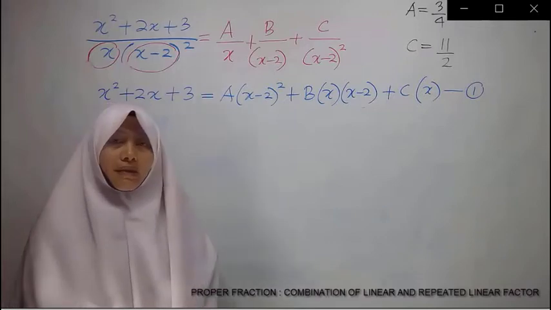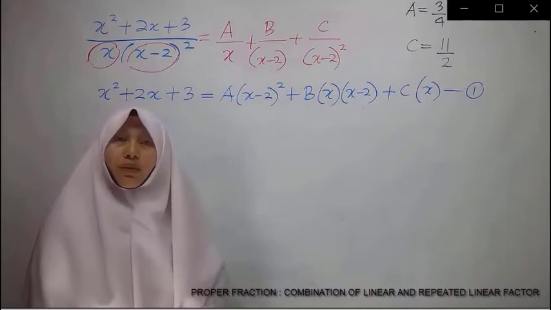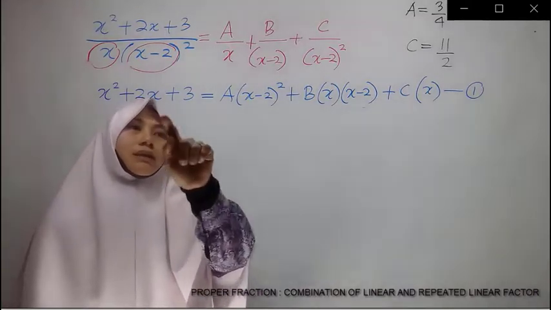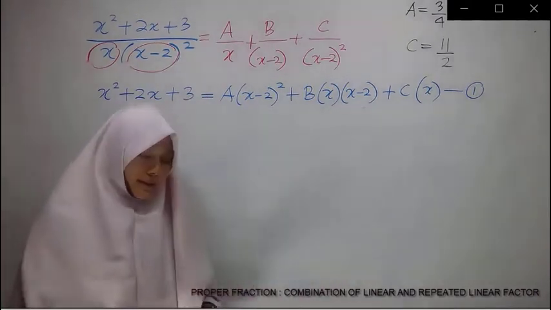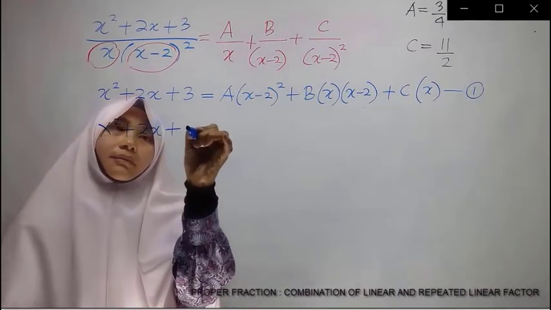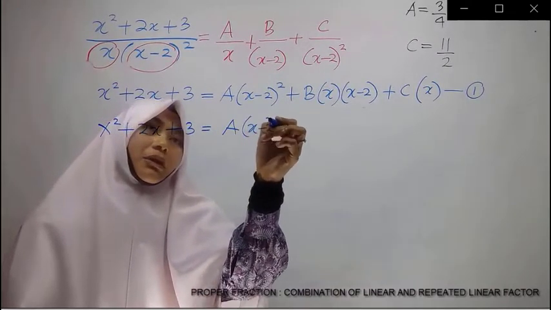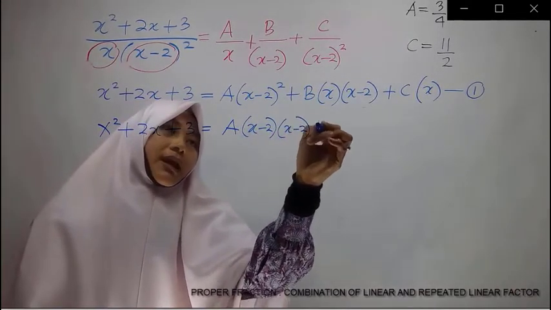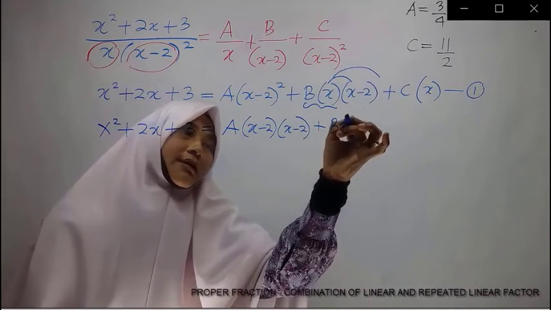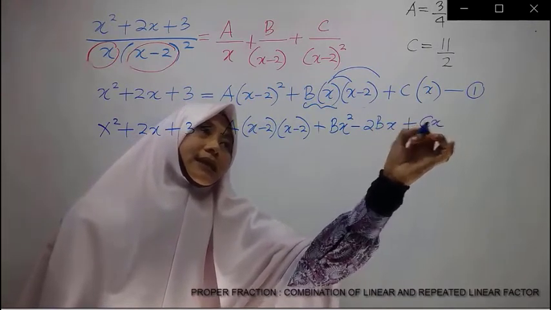Since we already have the values of A and C, now to find B, we need to use the compare coefficient method. Compare coefficient method starts with, we need to expand equation 1 completely. Square means we have 2 of these. Plus, now we can combine this and expand. So we get Bx squared here minus 2Bx plus Cx.